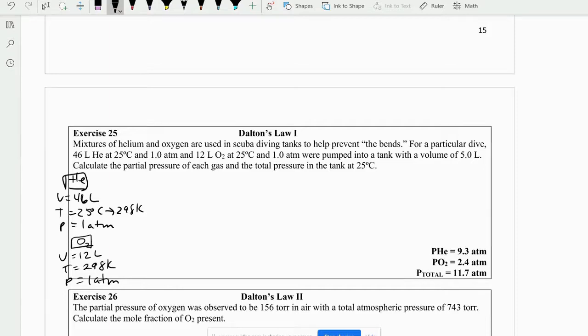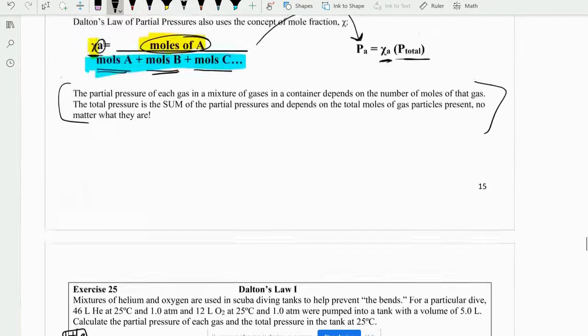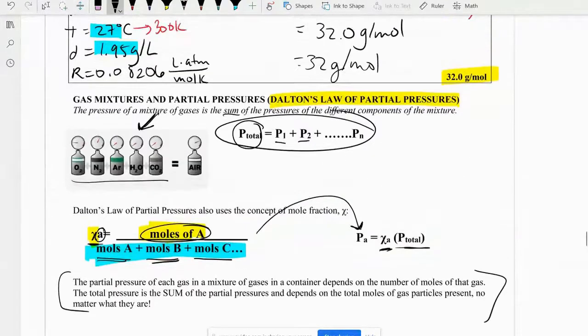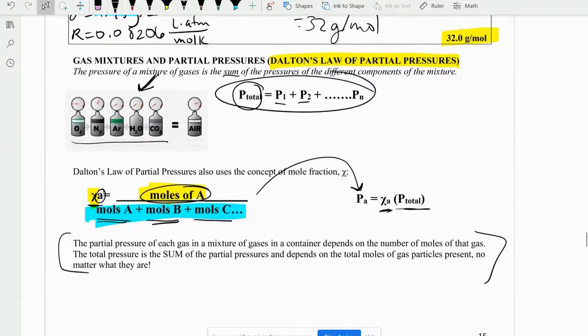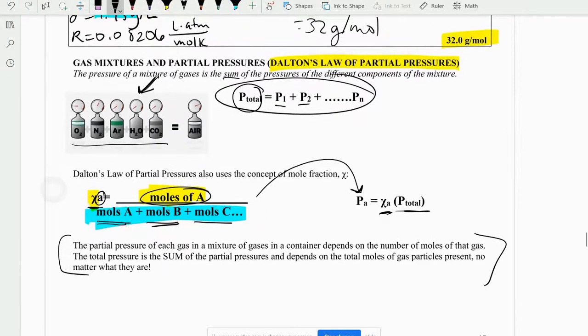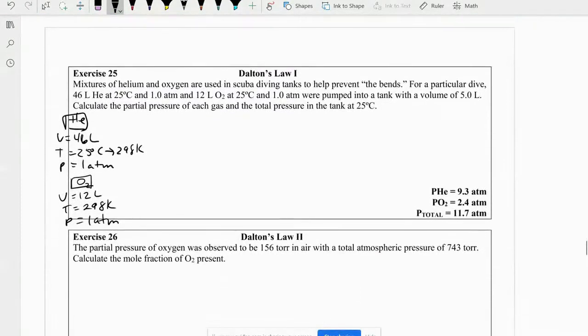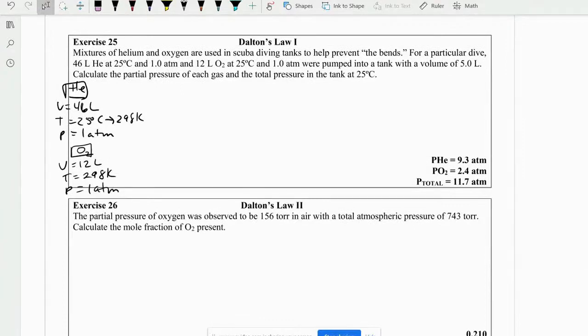And we are asked in this problem to get the partial pressure of each gas and eventually the total pressure. If we come back up here, you're going to realize that we need to determine the moles of each gas that we are going to be using. So scroll back down, go back to the exercise.